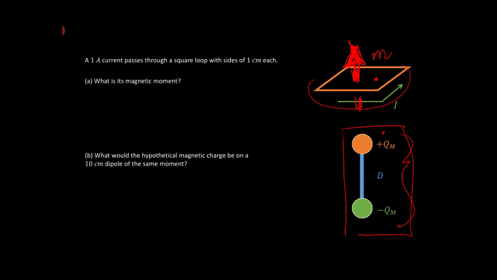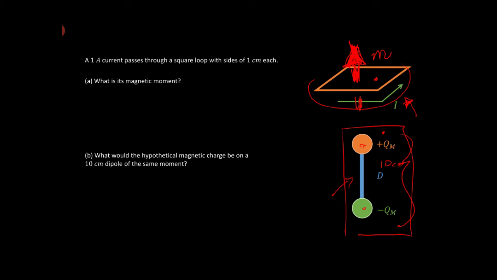So what we'll do here is we will first calculate the magnetic moment for this loop, and then we'll pretend it's a 10 centimeter distance between these two poles, and we'll calculate what the pole strength would be if there was such a thing as a magnetic pole. But there is no such thing, but it's a thing that we can use to help us. It's a fiction we can use to help us do some calculations, especially things like forces on these dipoles.